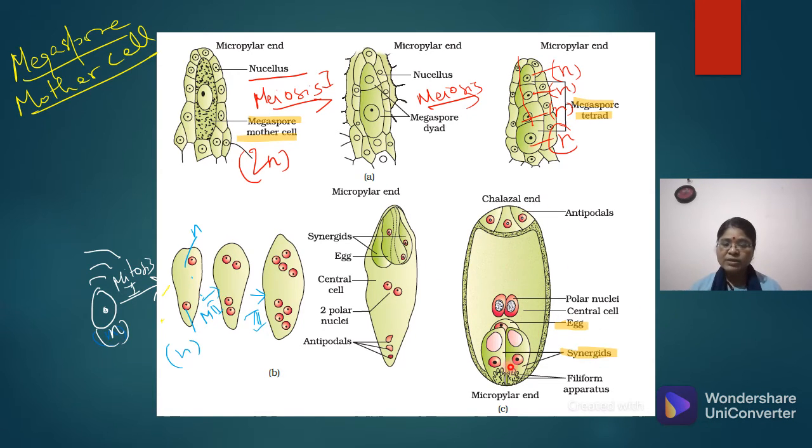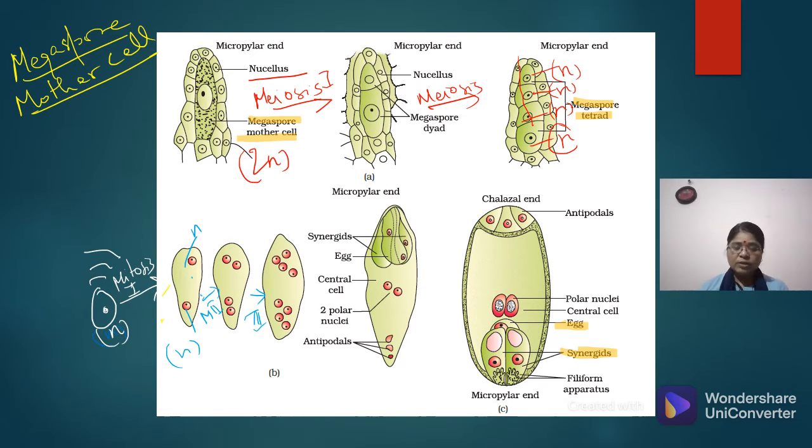So how many cells are there? 3 cells here, 2 synergids and 1 egg cell, and 3 antipodal cells and 1 central cell which has 2 polar nuclei. So in all, how many cells do you see in this embryo sac?